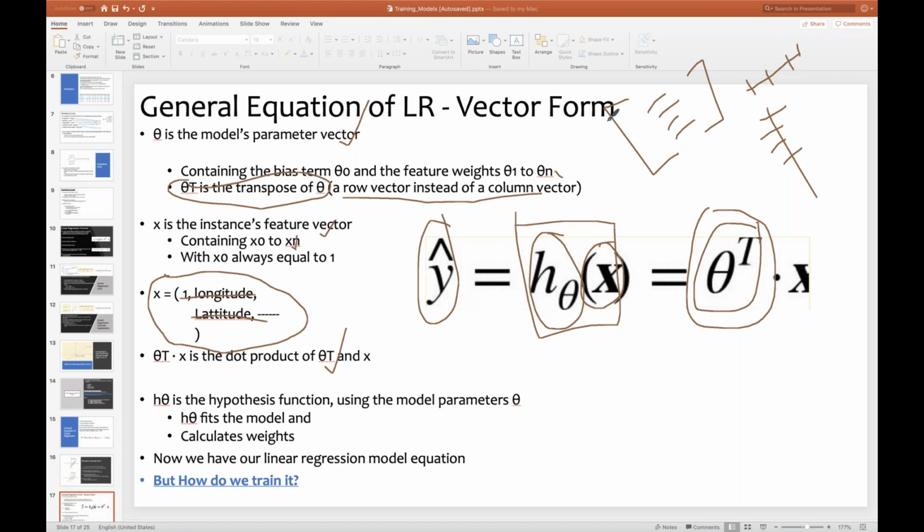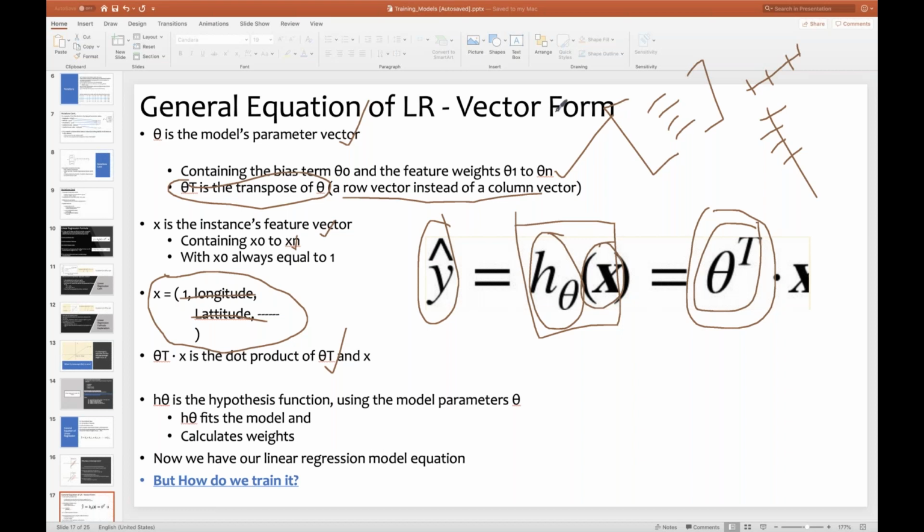This also you are aware of. And then theta t is nothing but the transpose of theta, which is nothing but the row vector instead of column vector. And x is the instance feature vector, which can be understood as x1 into theta 1 plus x2 into theta 2, where x is having all the values of x of 0 to x of n.